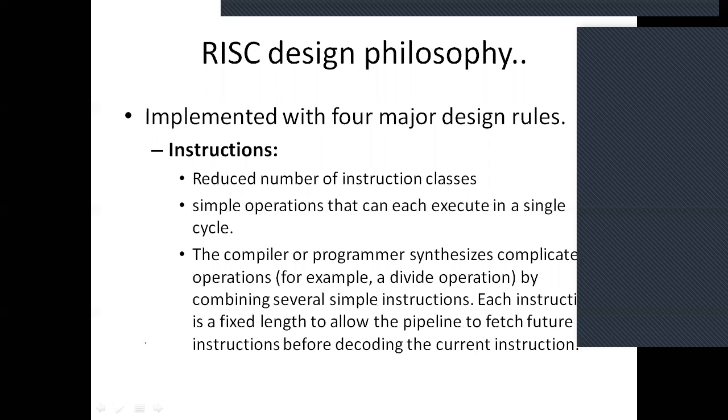The implementation of this pipeline concept becomes easier if you have a fixed length instruction, so that while the current instruction is executing, the next instruction can be decoded in the decode unit, and the third instruction can be fetched by the fetch unit, so that while the current instruction is being executed, the next instruction will be already ready to execute in the processor, so that it will take very less time to execute that instruction. So the concept of implementing instruction pipeline in a RISC system becomes easier because of fixed length instructions.